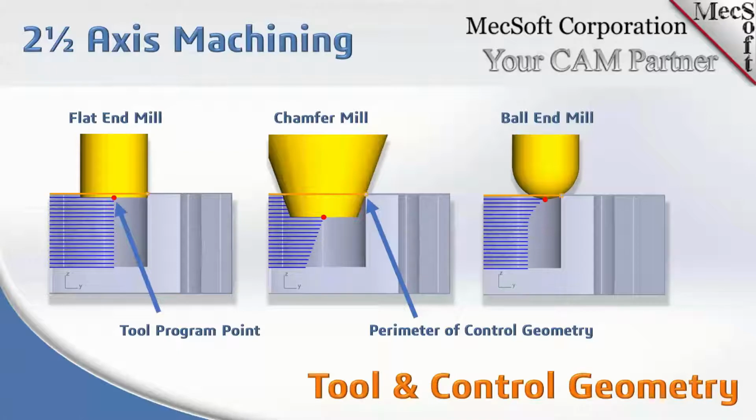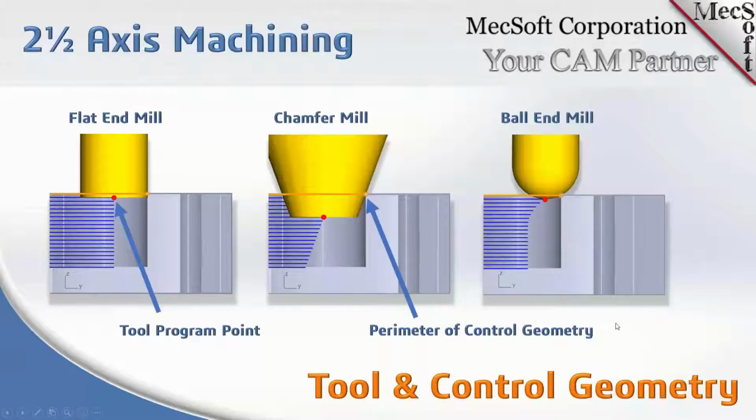One important note: a lot of new users get caught up on this. If you're using a ball end mill and you select the curve as your machining geometry, as Don is showing here, but did not specify any cut depth, then you're going to get one cut level, which will be right on the same level as that curve. With a ball end mill, this red dot is going to be right on that curve, so you're not going to get any offset at all.